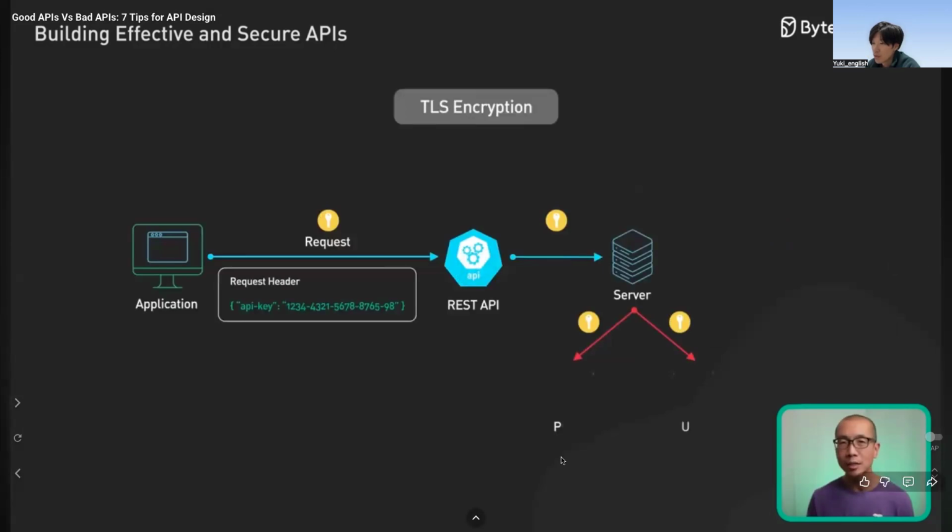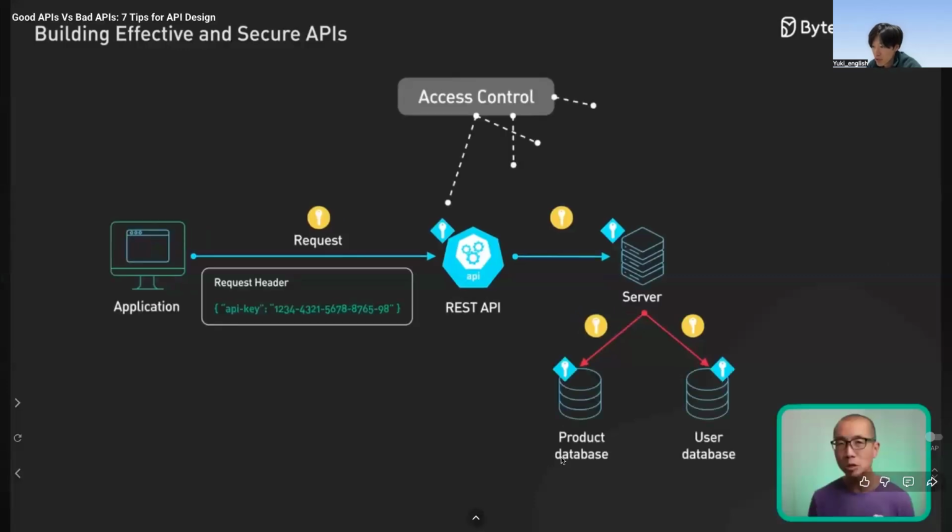And we have to use TLS encryption, which means we have to use HTTPS connection between application to RESTful API and RESTful API to server and server to database. We have to use TLS encryption and access controls.